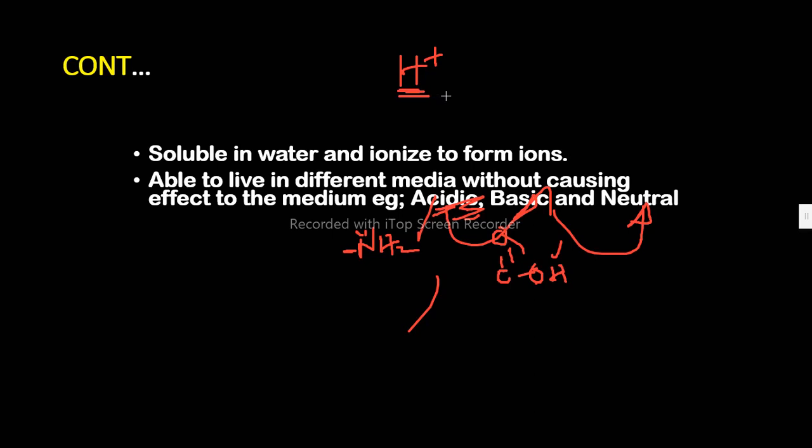And so, for you to be able to accept that proton, you must have a lone pair of electrons. And the ease at which you're going to donate those electrons determines your basicity. So the higher the ease, the higher the basicity.